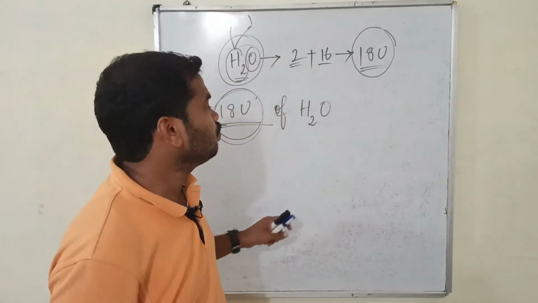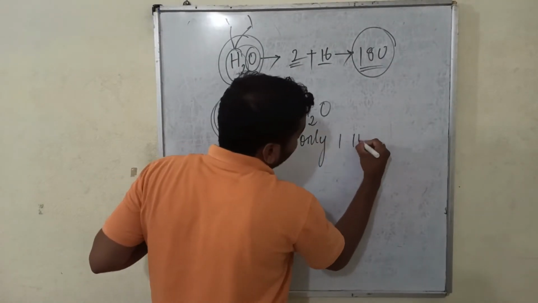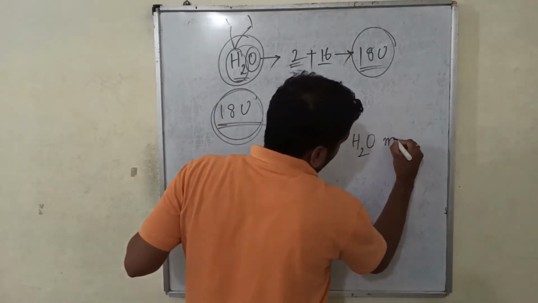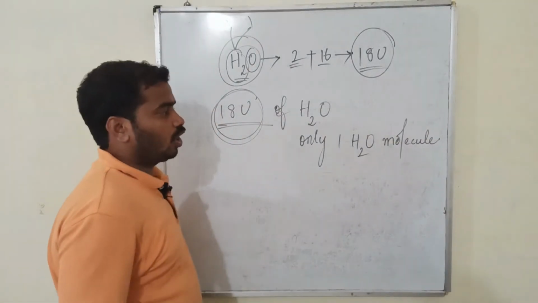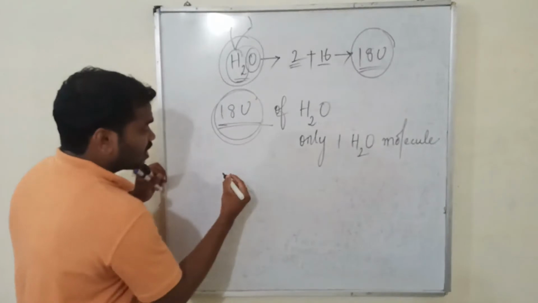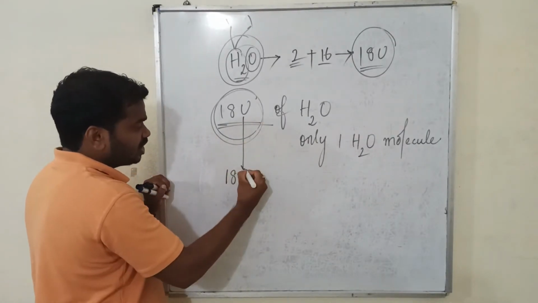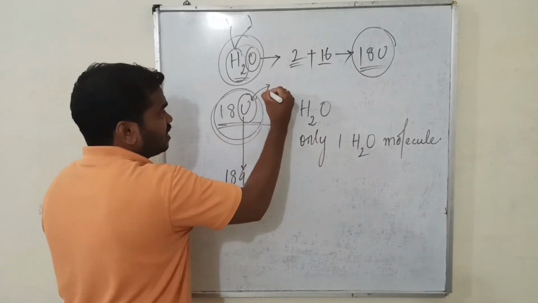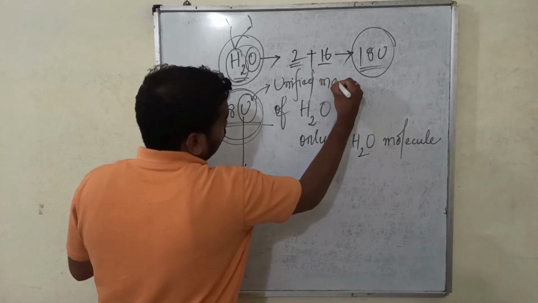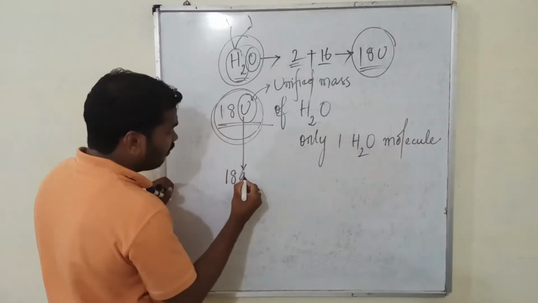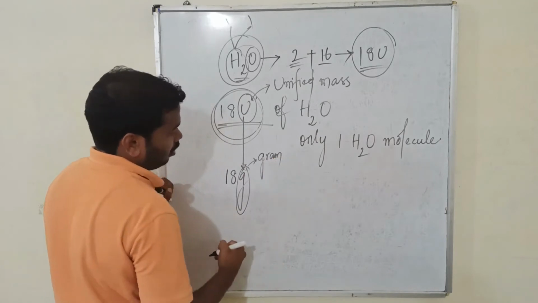If you have taken this much mass of H2O, 18 unified mass units of H2O, then you are taking only 1 H2O molecule. Later, try to understand, I am changing the unit. Previously it is unified mass. Now it is in terms of grams.